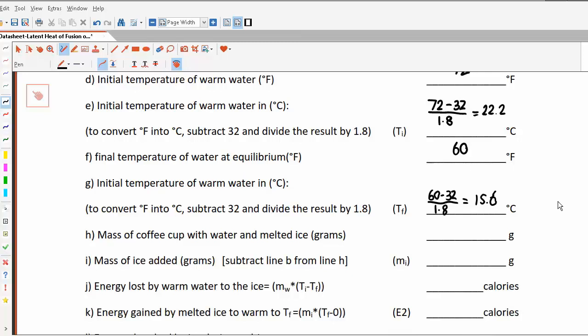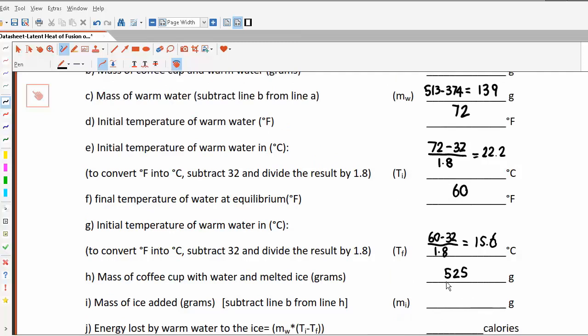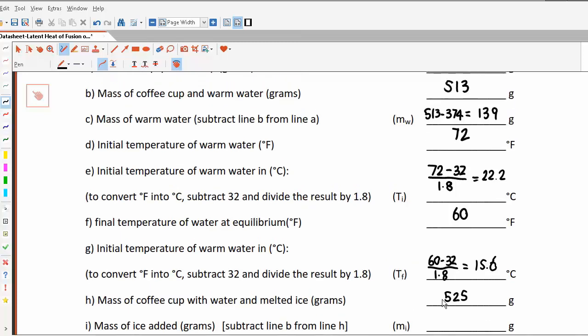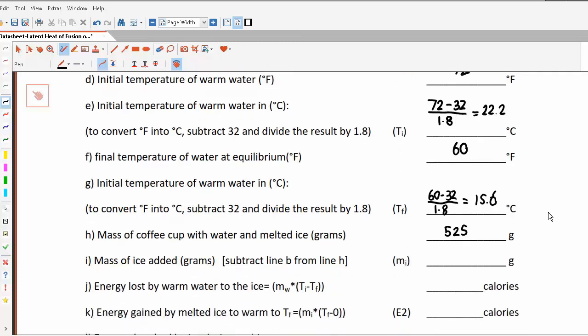At the end of the experiment, the mass of the coffee cup with the water and the melted ice was equal to 525 grams. To determine the mass of the ice added, we subtract from this number the mass of the coffee cup and the warm water, which is 513.